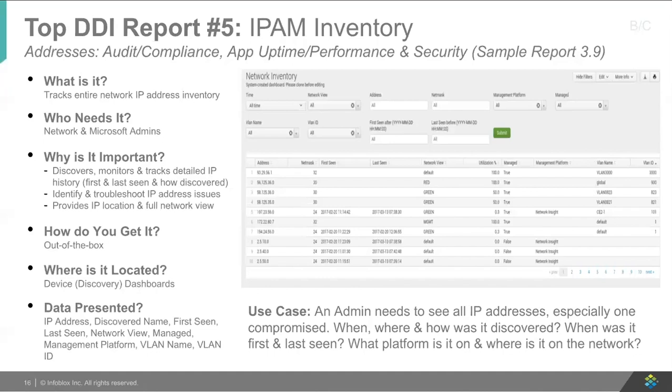It can help you with troubleshooting issues. And another big request that I hear from network administrators is people are always asking what IP addresses are available, or how many IP addresses do we have? Managers are usually asking that when they're doing some planning. So let me show you what this looks like within the grid.